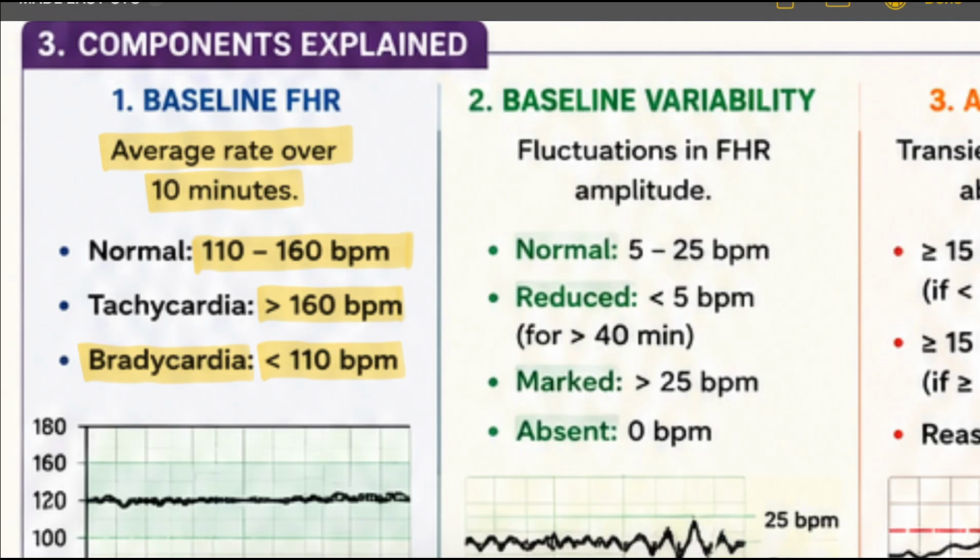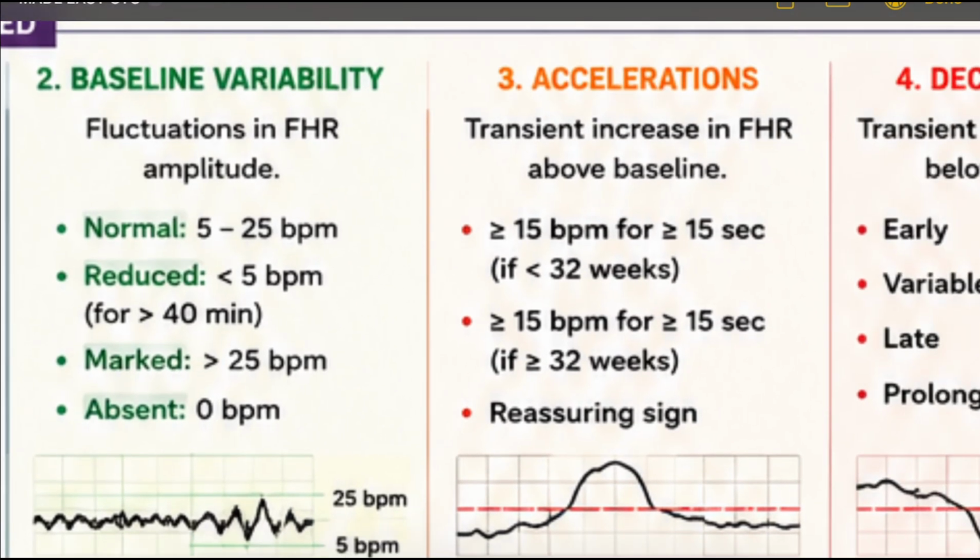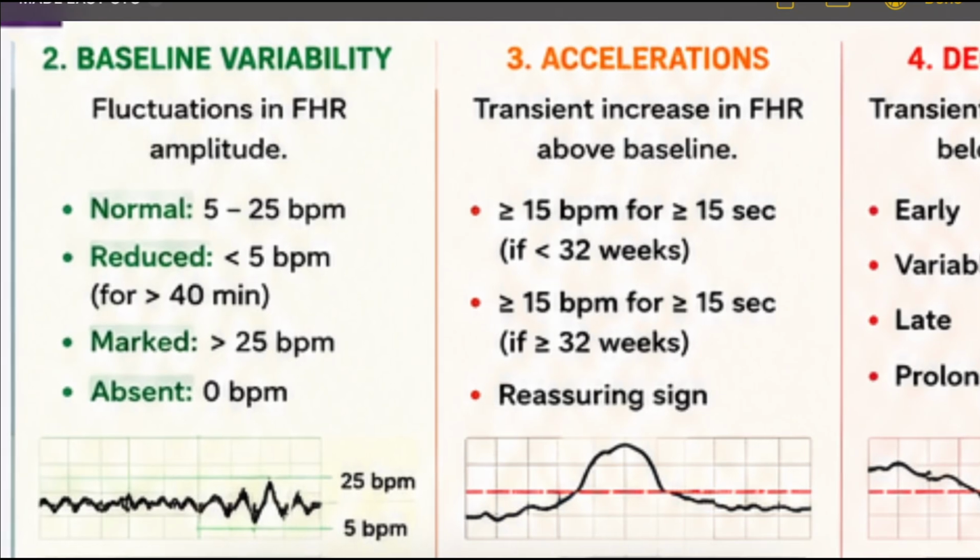For example, cord prolapse occurs, so the baby's heart rate suddenly falls to 70 beats per minute. Then emergency delivery is required for this type of condition. So this is the baseline, and based on that baseline you can find out the fetal heart rate.